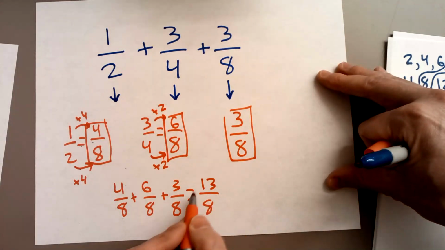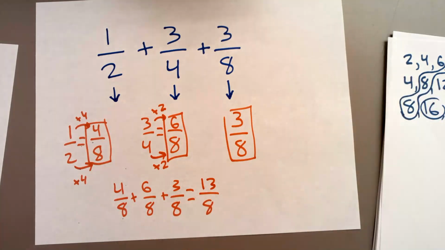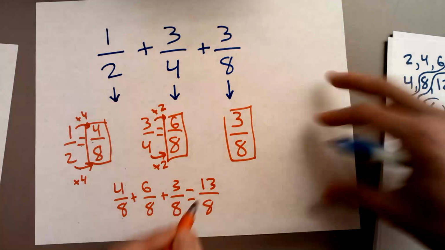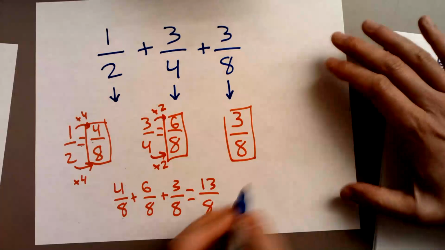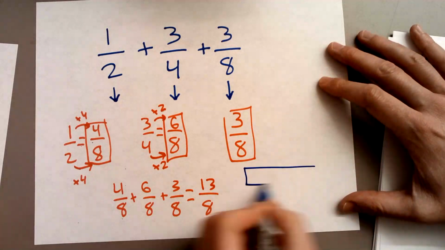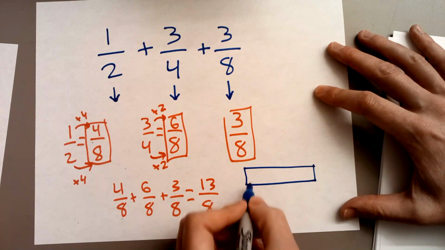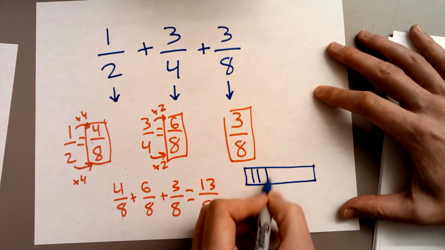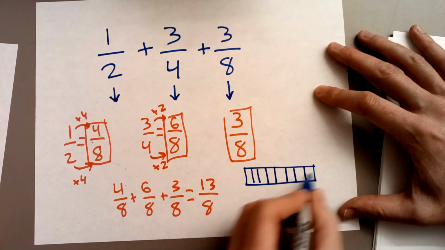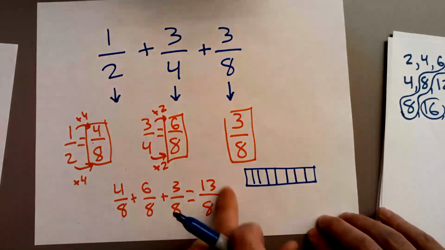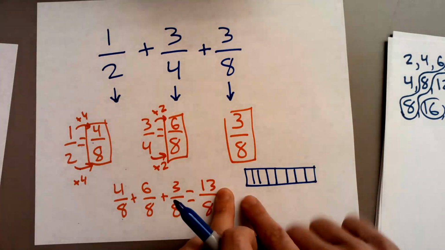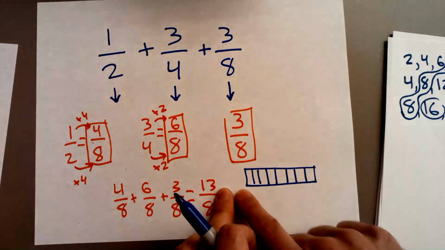Do you see it? It says 13/8. That means we have more than one whole here. Let me make a diagram of this. So this is one whole, and the denominator tells me there are 8 parts in a whole. So there are 8 parts there, but I have 13 pieces, so that is more than that entire whole.